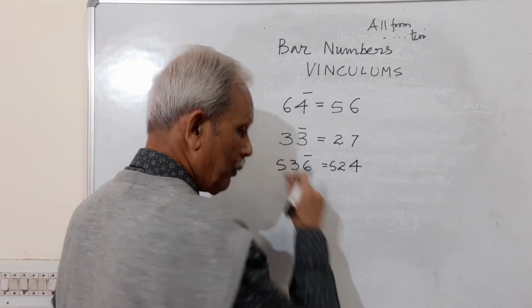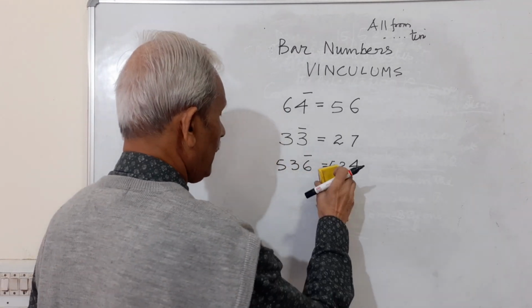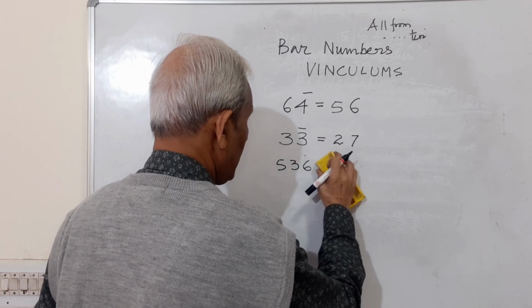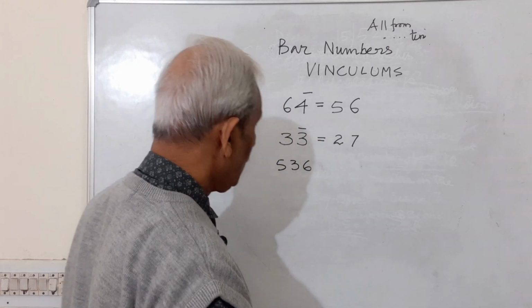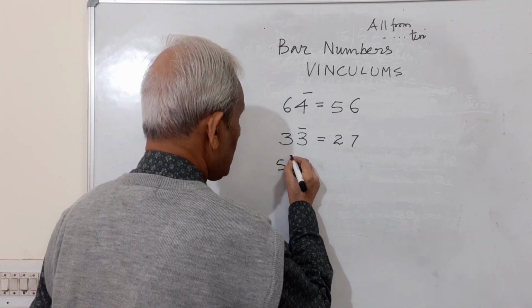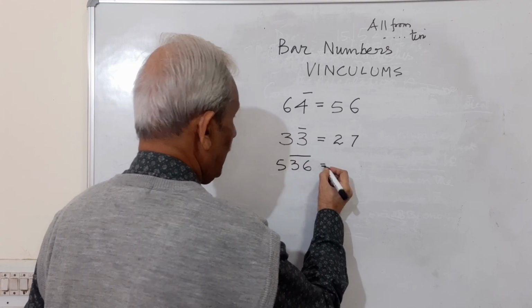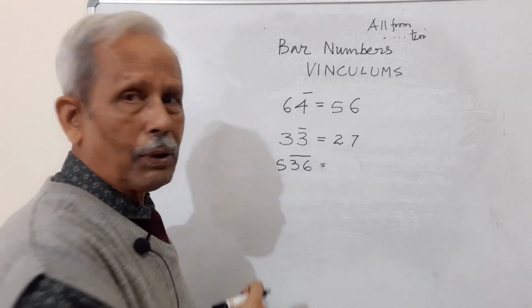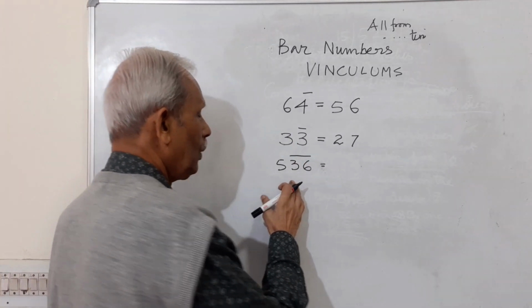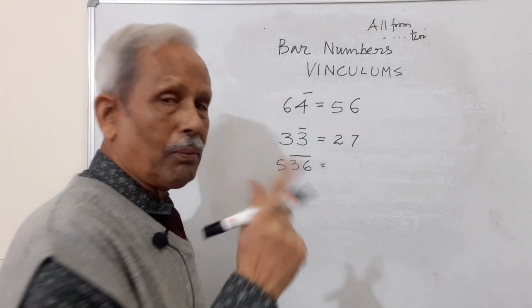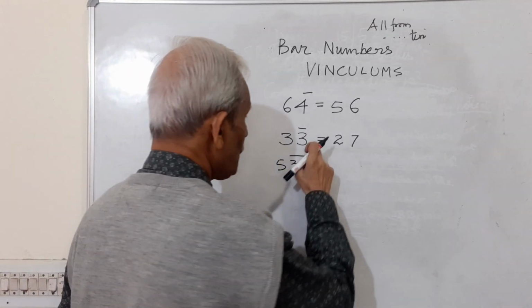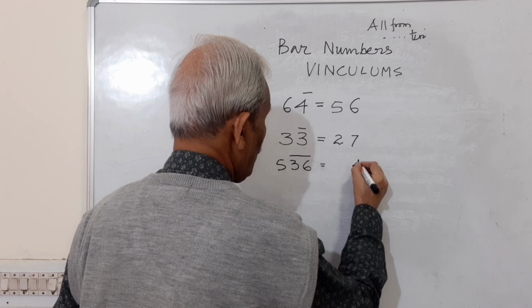If it would have been a little different, say for example, instead of only over 6, suppose there is a bar on both the numbers. What will we be doing? We'll do the same thing, but we apply all from 9, last from 10. Reduce this from 10 to make it 4.